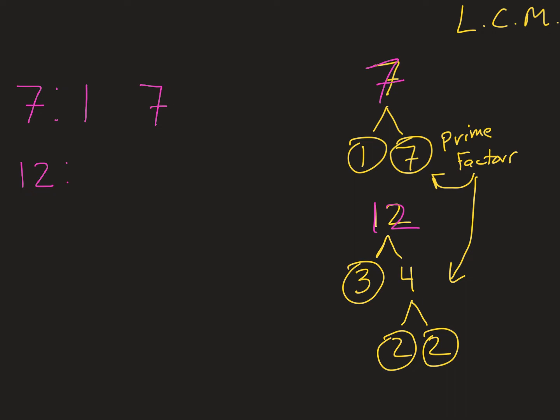But because the 3 is not a prime factor of the 7, I'm going to put it in its own column. I only want to put numbers on top of each other that match.